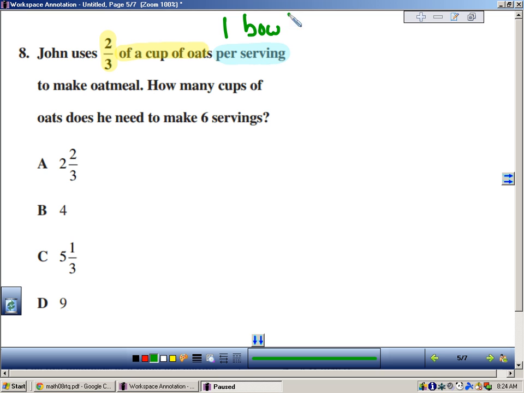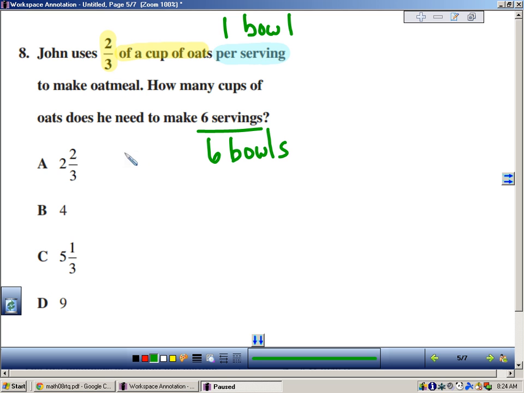But now I want to make 6 servings. That means I'm feeding these oats to 6 individual people. I would need 6 bowls, right? And so how many cups of oats would I need? That's the idea, right?